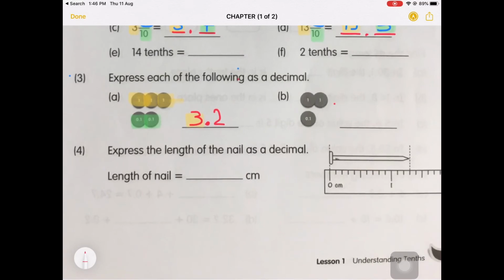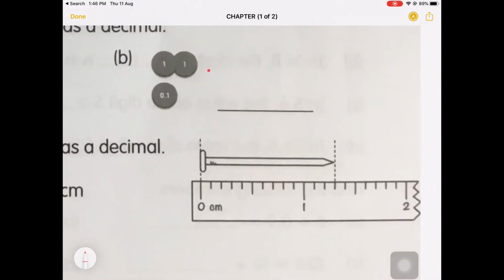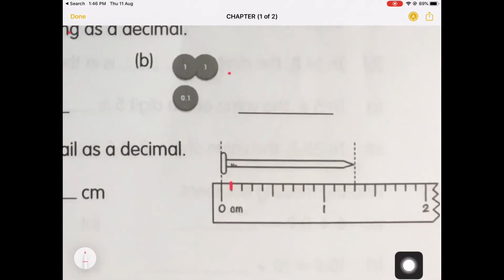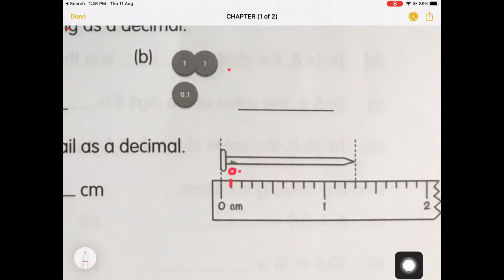Question 4. Express the length of the nail as a decimal. Let's look at the picture. One whole is split into 10 equal parts and each part is 1/10, which is 0.1. Let's count 0.1, 0.2, 0.3, 0.4, 0.5, 0.6, 0.7, 0.8, 0.9 and 1 whole.